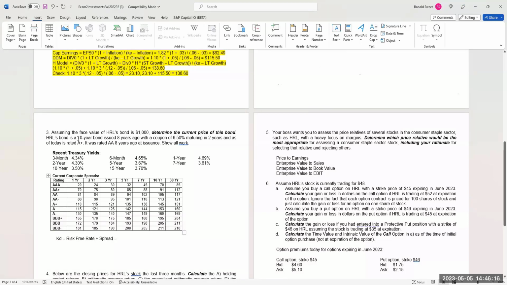Here it is a 10-year bond issued 8 years ago, so it is a 2-year bond.